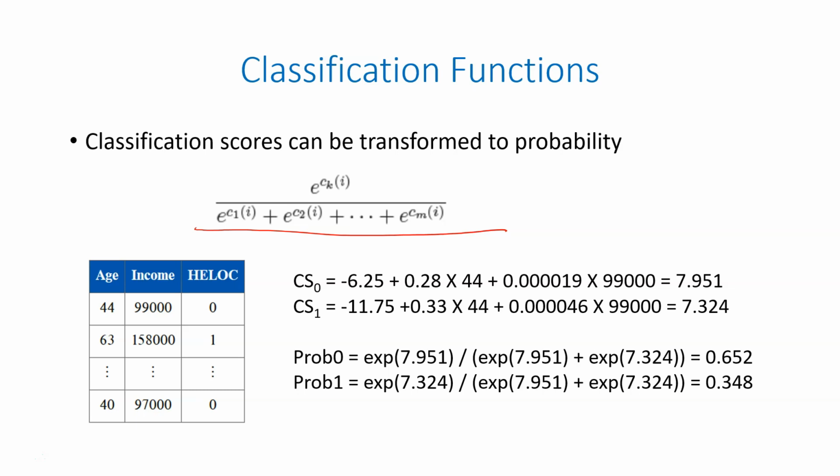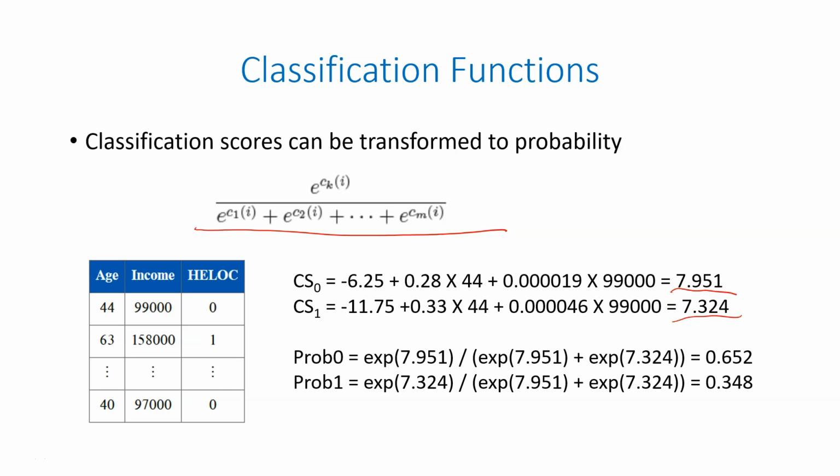For example, as we computed earlier, the classification score for customer 1, who is 44 years old and has an annual income of $99,000, is 7.951 for class 0 and 7.324 for class 1.